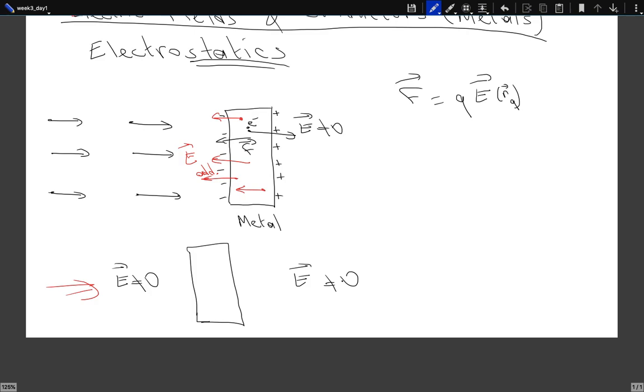They don't create any electric field outside, so they do not change the electric field outside, at least in this case. But inside, now we have an electric field which exactly balances the applied electric field. So inside the metal, we don't have any electric field. This side of the metal is negatively charged. This surface is positively charged.